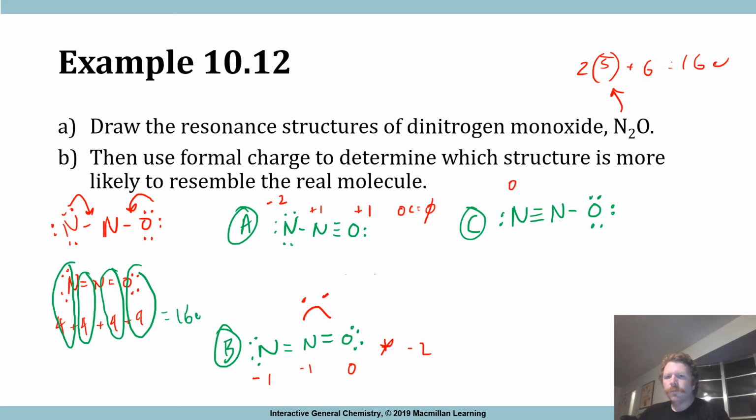Next up, nitrogen again. Now we've got, where are we here? Nitrogen, 5 minus shared electrons would be 8. 8 divided by 2 plus 0. So we're looking at 5 minus 4. It's going to be a plus 1. Okay. So we've got an overall plus 1 charge.